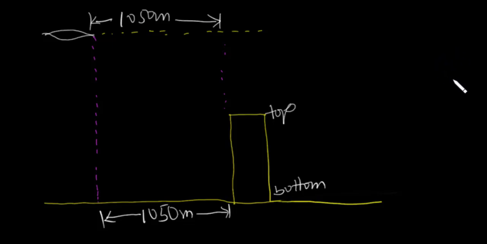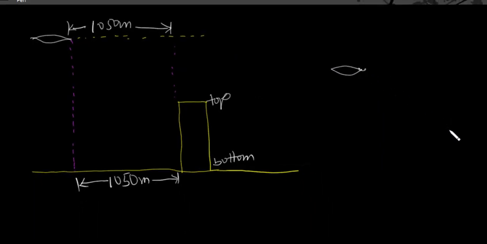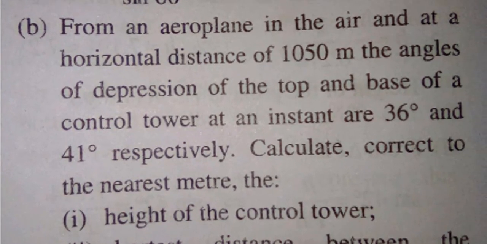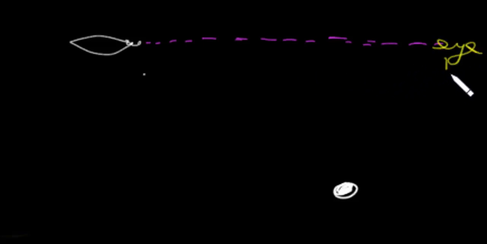For example, if we have the aeroplane here, and there is an object here, and I say the angle of depression from the aeroplane to this object is say 30 degrees, what it means is that first I have to draw my horizontal eye level from the aeroplane. So there is the eye level and it is horizontal.